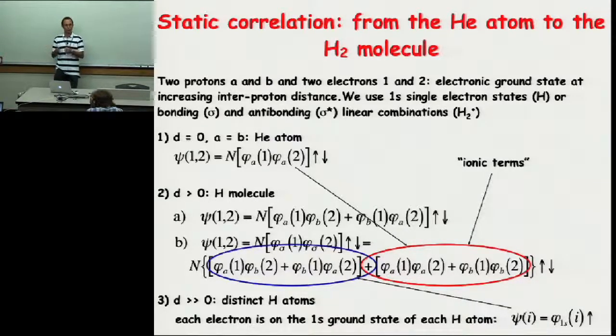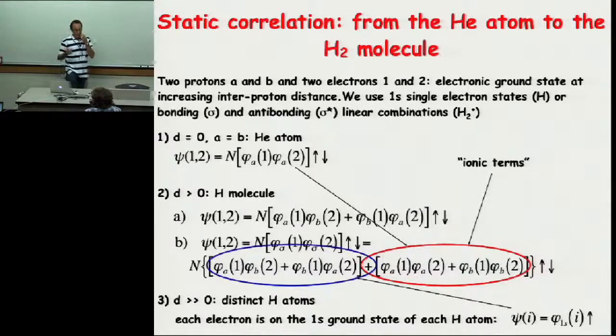Those are the terms that you want to see killed when the distance between the protons is increased. Now, this is not easy to obtain using only one Slater determinant.